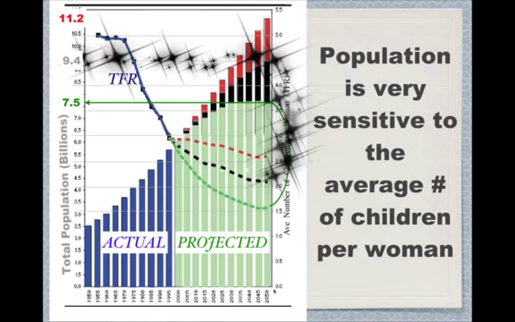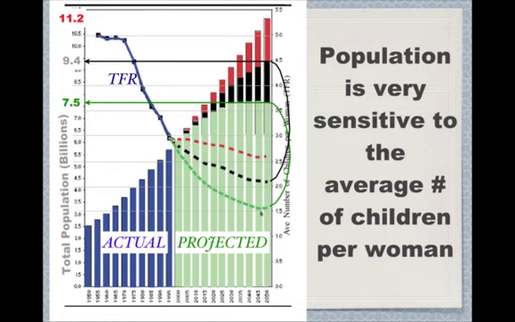If, however, we go just a little bit higher, and instead of 1.6 children per woman, we average 2.25 children per woman, we end up with almost 2 billion more people on the planet. So just about half a child more, and you end up with 2 billion more people. And likewise, the same thing happens if you end up with 2.75 children per woman instead of 2.25. And here, whew, it goes up, and you'll end up with 11 billion people.